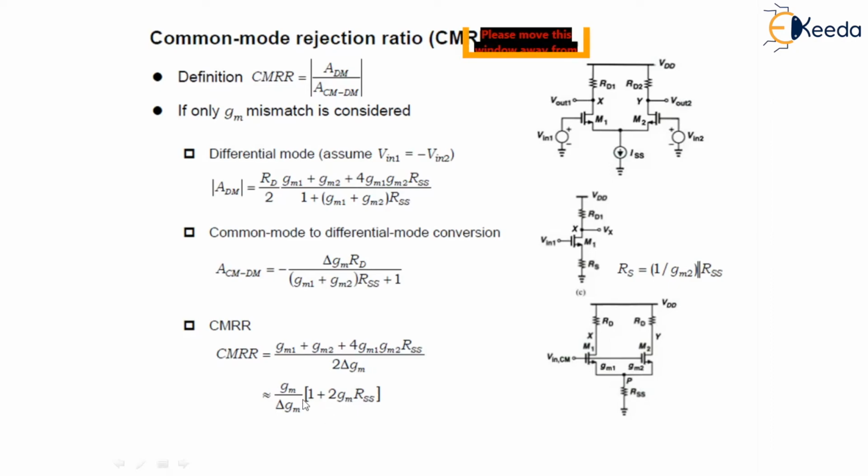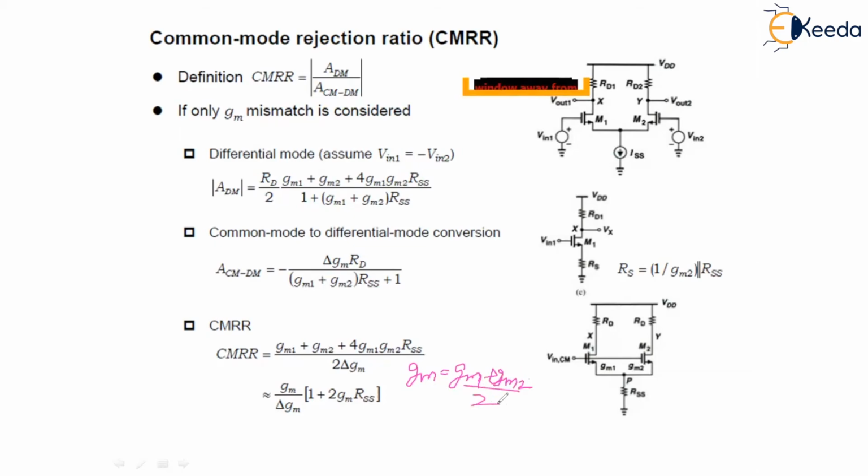Further, solving this, we can write Gm as the mean value of Gm1 plus Gm2 by 2. So it can be written as Gm upon del Gm times (1 plus 2 Gm RSS).